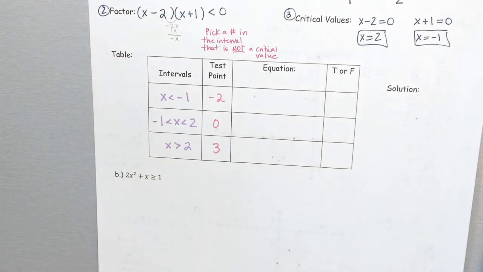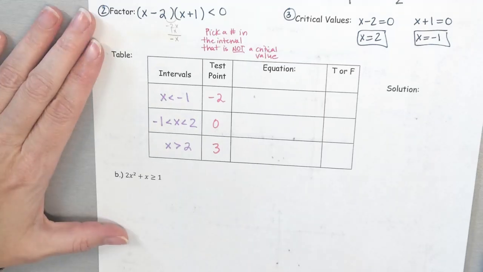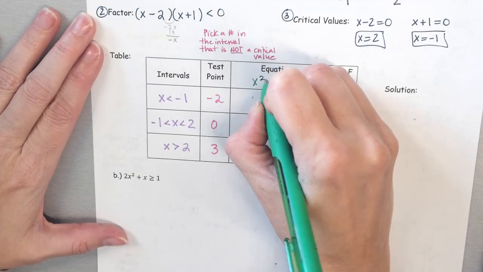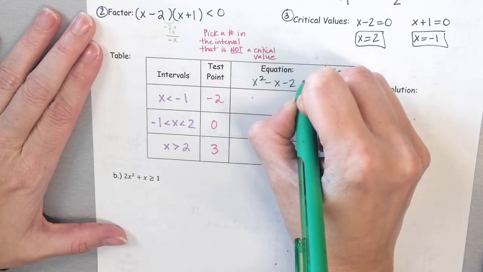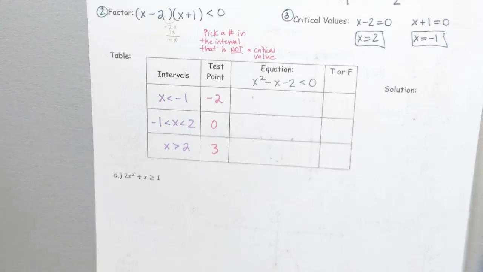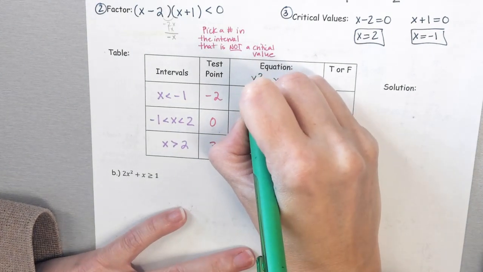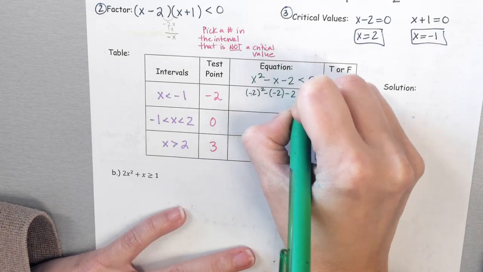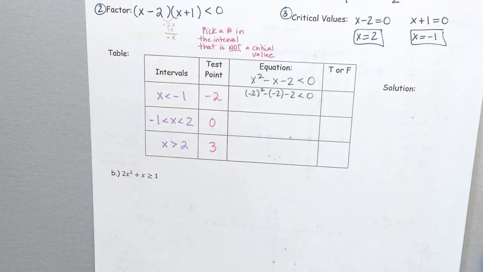Okay, so for your test points, you are just checking to see which one of these satisfies the equation. So it's your original inequality, x squared minus x minus 2 is less than 0. All I need to see is your final inequality, but I'm going to show you how you plug this in. You can use some mental math strategies for this. You have to follow your order of operations.